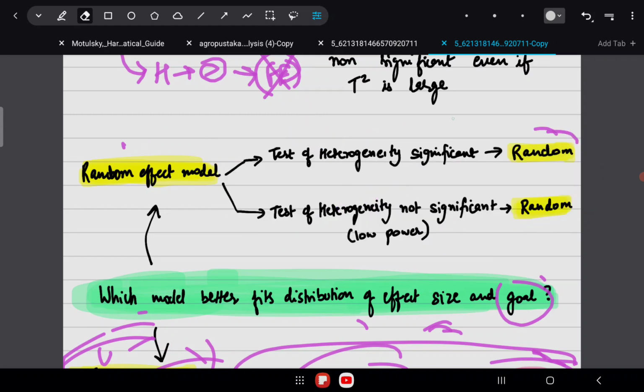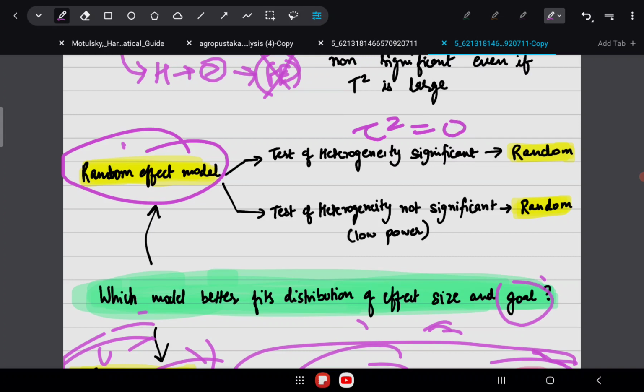So what? Even if you do random effect modeling, the result will be exactly the same as fixed effect modeling when tau square is 0, right? It will basically reduce to fixed effect modeling only when tau square is 0. So there is no harm as such in doing random effect modeling.